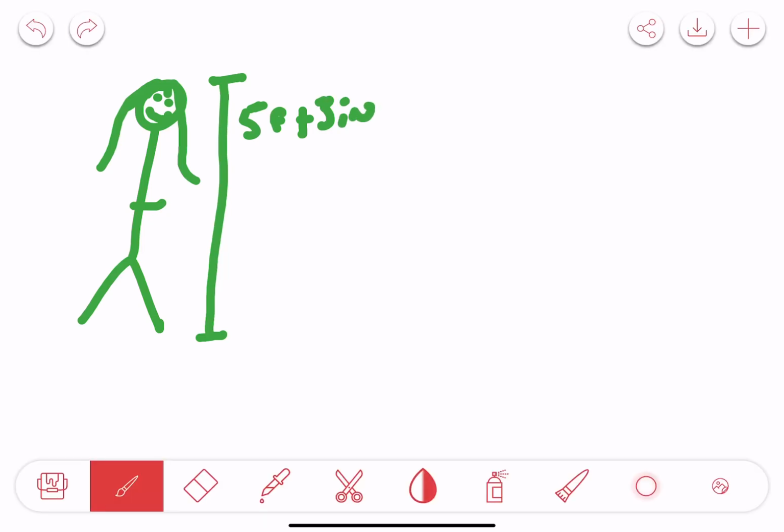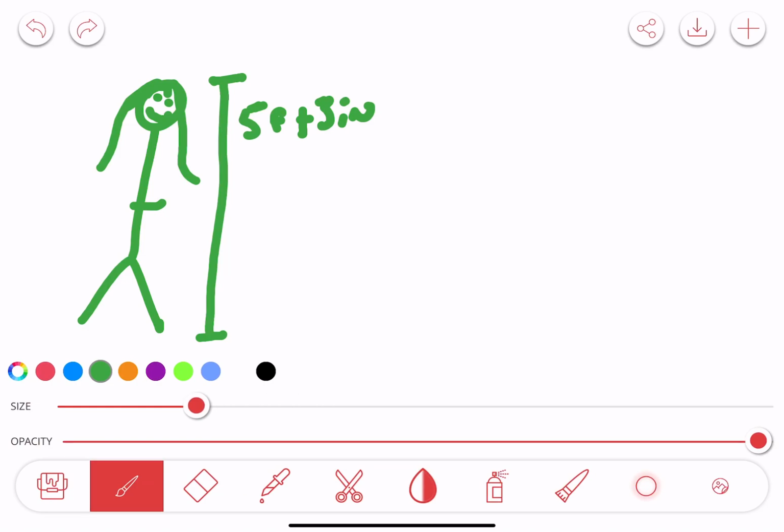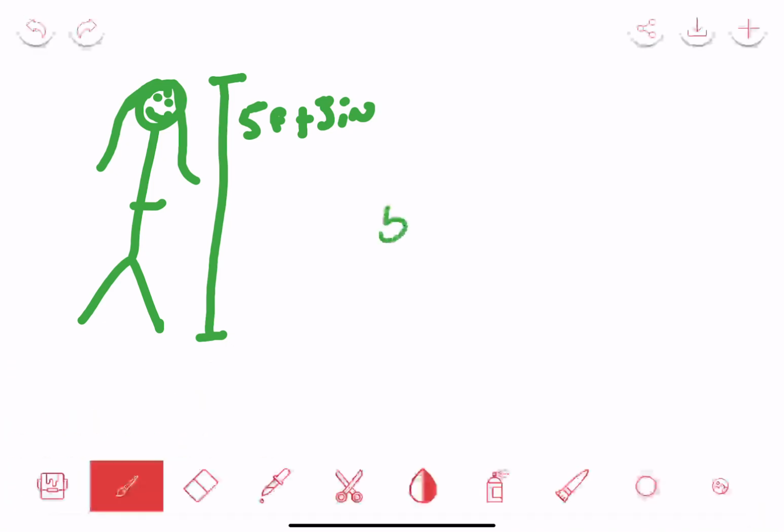Now, let's say that I wanted to know what that was in just feet. So there's 12 inches in a foot, so that would be 5.25 feet.